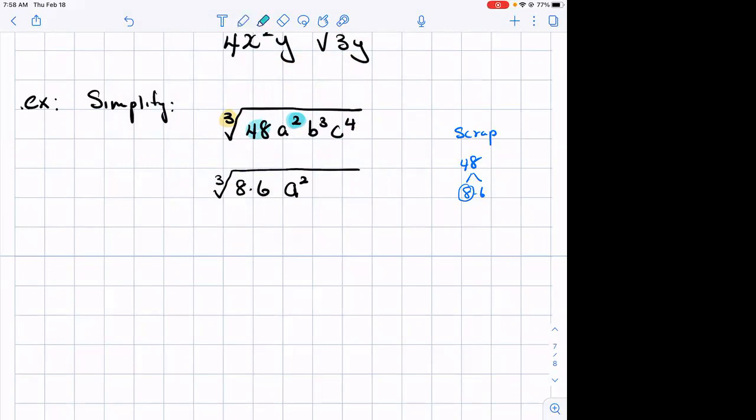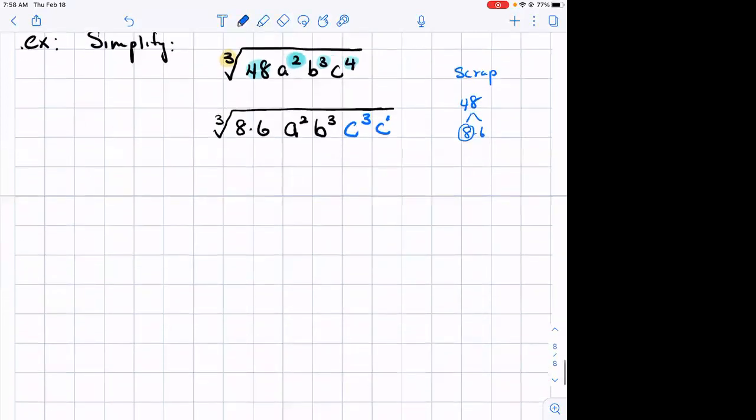Okay, we look at the next power, b to the 3rd. 3 is divisible by the index 3, so that one can be simplified. And now if you look at c to the 4th, okay, 4 is not divisible by 3, but I can rewrite that as c to the 3rd times c to the 1.